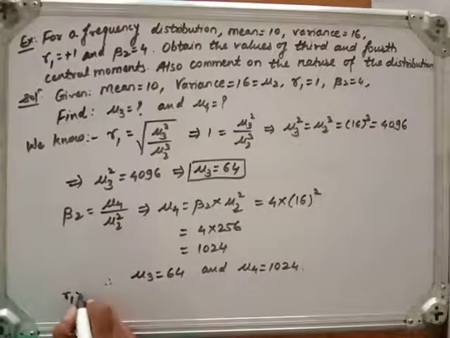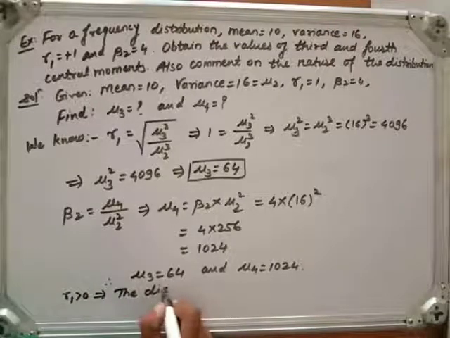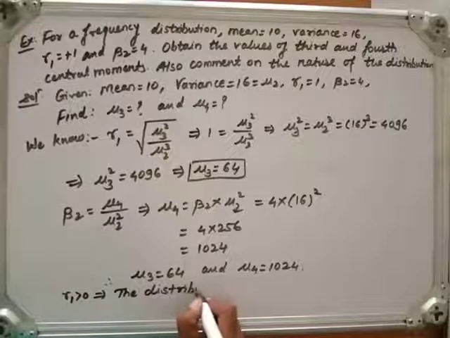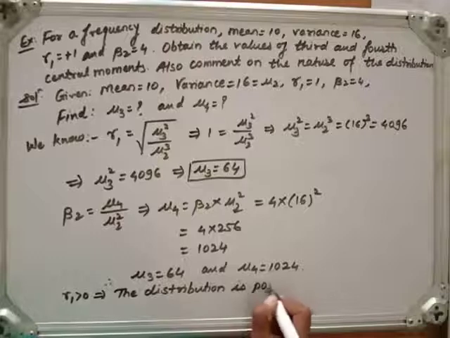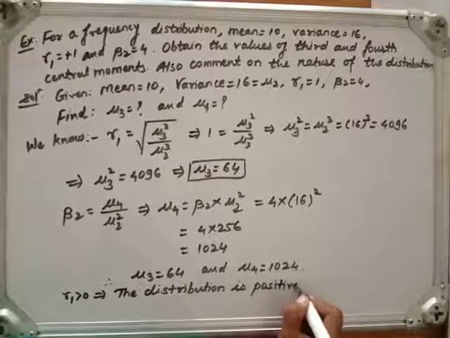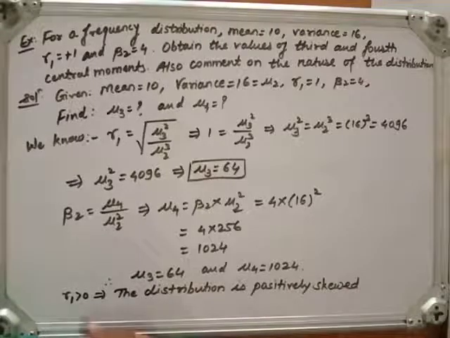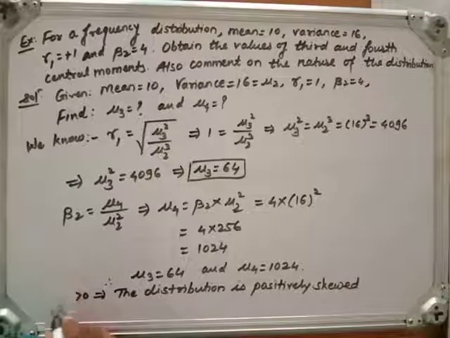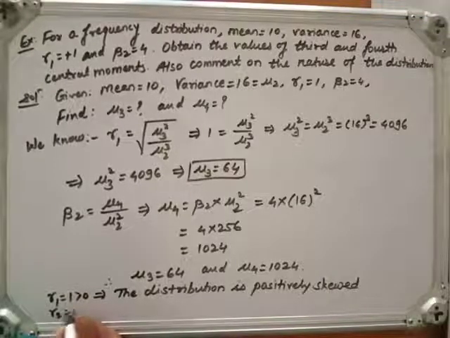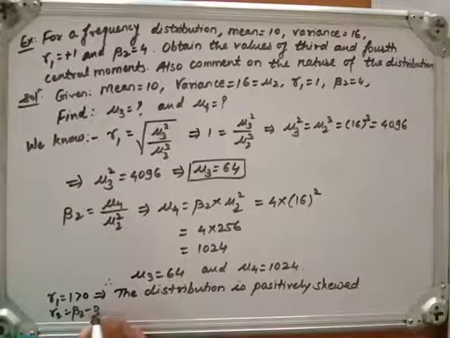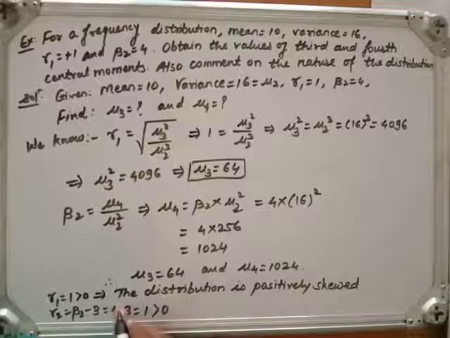Gamma 1 positive implies the distribution is positively skewed, since gamma 1 equals 1 is greater than 0, and gamma 2 equals beta 2 minus 3, that is 4 minus 3, that is 1, which is also greater than 0.